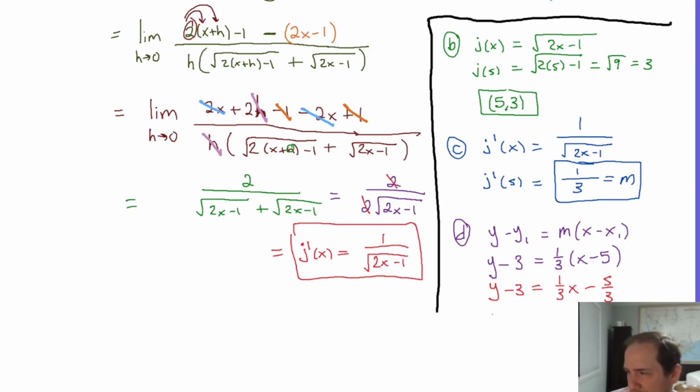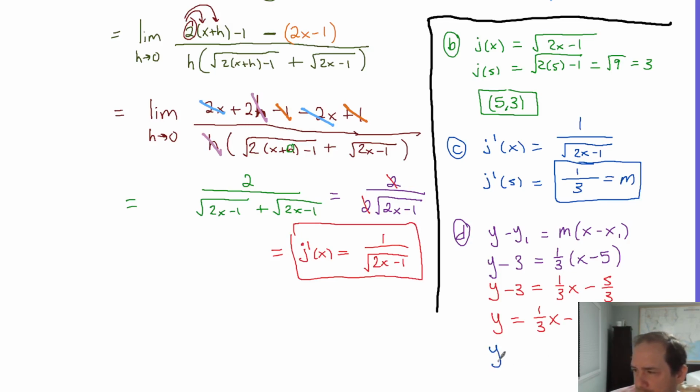Now we're going to add 3, so we get y equals 1/3 x minus 5/3 plus 3. Now this 3 is over 1, and to get a common denominator, we want thirds, so we'll multiply by 3 over 3.